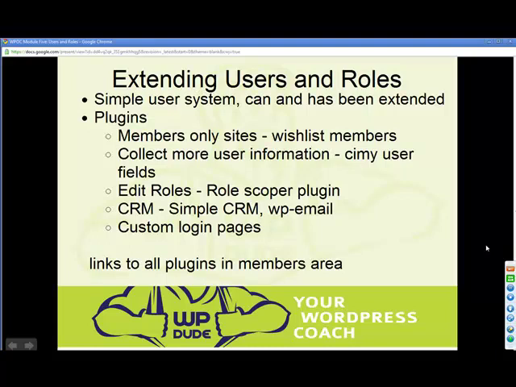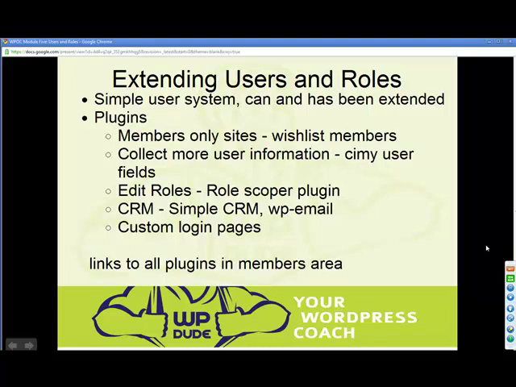If you want to use the WordPress user system to collect more information, to treat it more as a customer database, you can extend that using the SIME user fields. What you could do, for example, is when somebody registers, ask them to fill in their name, address, and telephone, and you could collect that and use that from within the user database inside of WordPress.